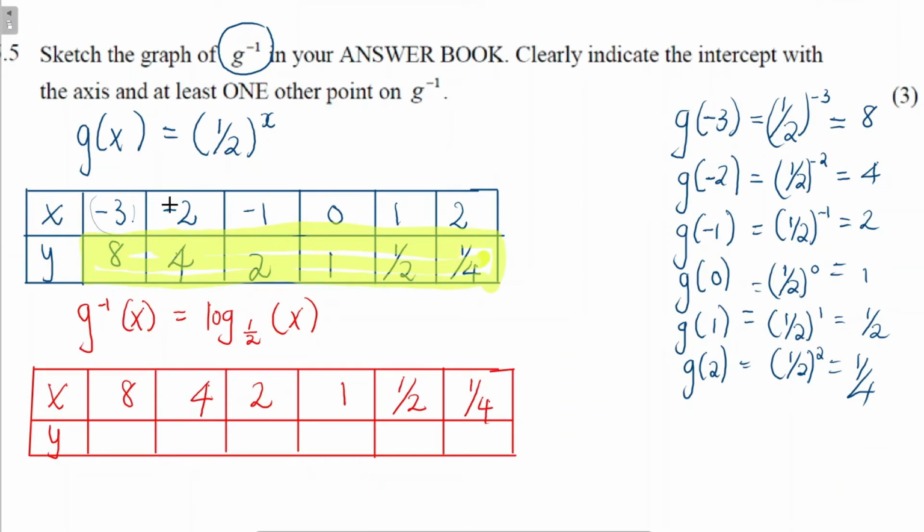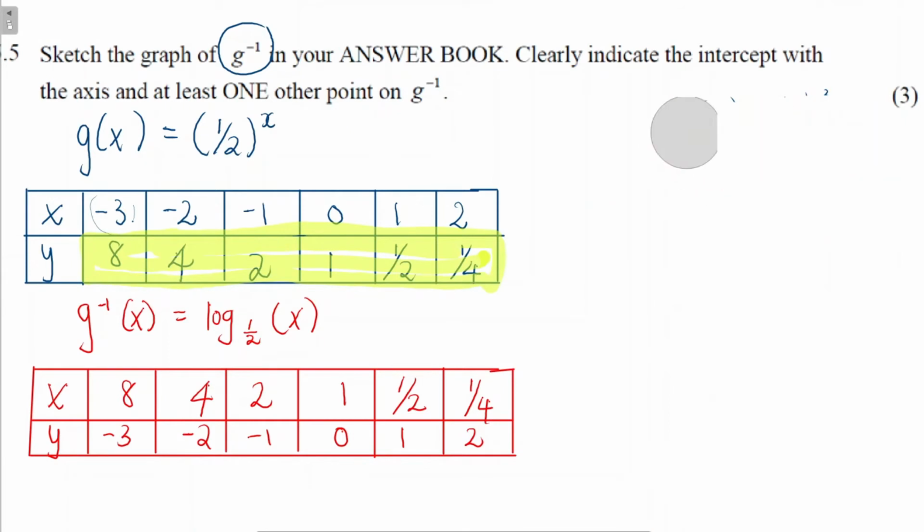And then the x coordinates for your original function are now going to become the y coordinates for our inverse function: -3, -2, -1, 0, 1, and 2. Straightforward, guys. From here, we have the x and y coordinates for our inverse function, and we are more than ready to sketch it.